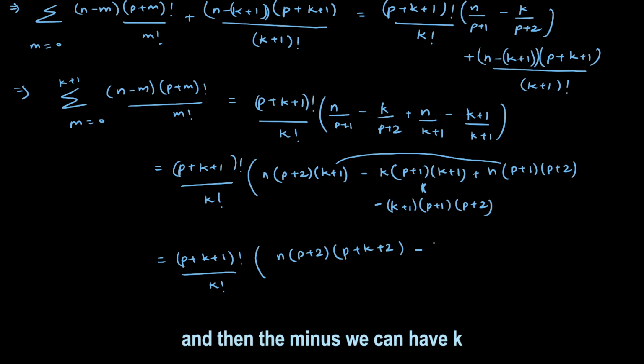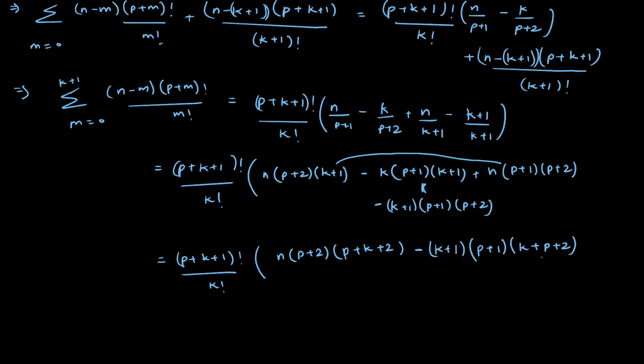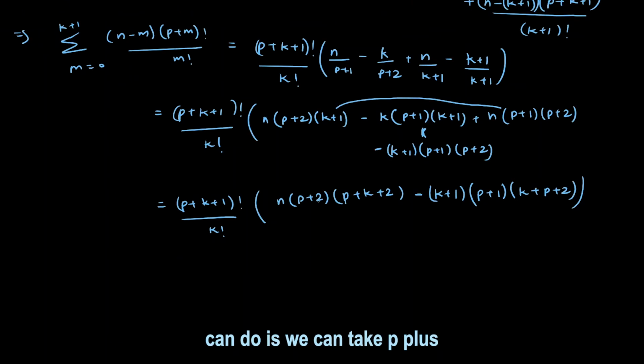And then the minus, we can have (k plus 1) common and (p plus 1) common, and remaining we get (k plus p plus 2), right? Now from both of these, we can take (p plus k plus 2) common.